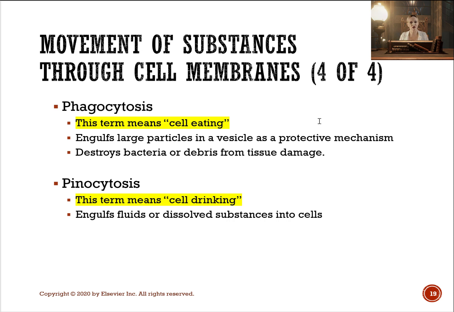It engulfs large particles into a vesicle as a protective mechanism. Then it destroys bacteria or debris from tissue damage. Then we've got something called pinocytosis. Pinocytosis means cell drinking. It engulfs fluids or dissolved substances into cells.